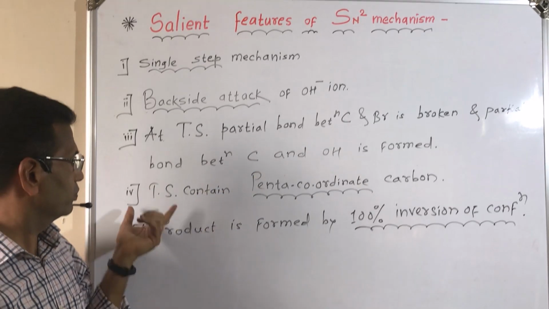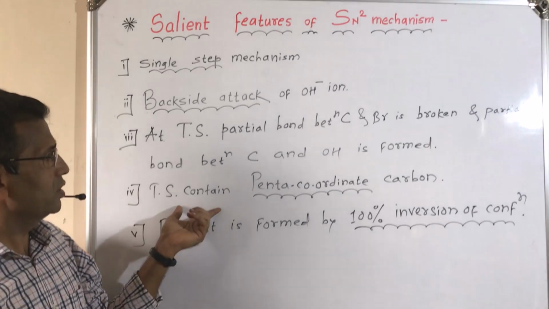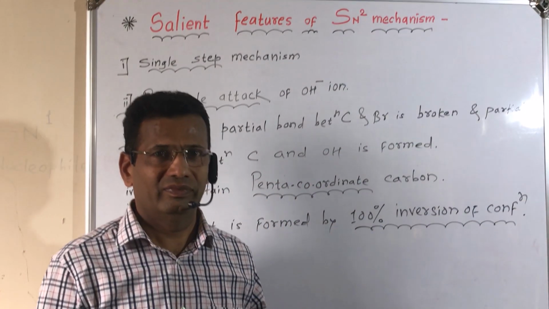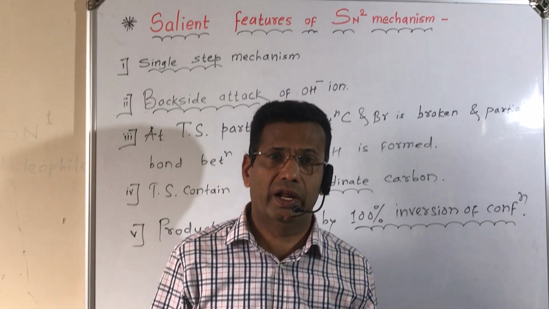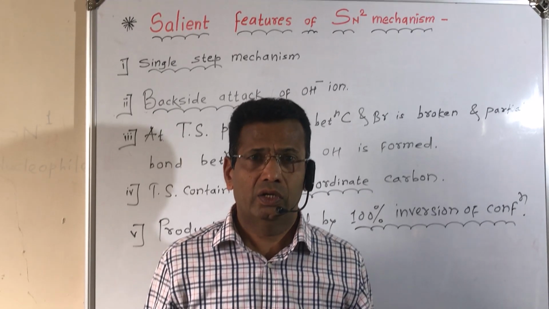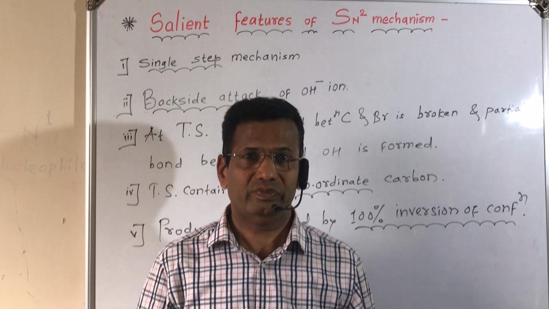Now the fourth is, the transition state contains pentacoordinate carbon. You know, at the transition state the valency of the carbon atom is exceeded, and the carbon atom becomes overcrowded. So it is called a pentacoordinate carbon atom.